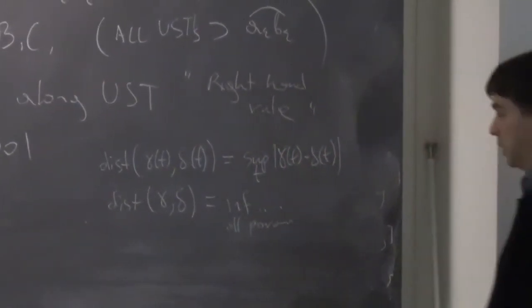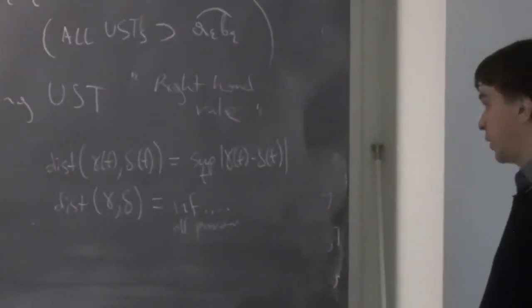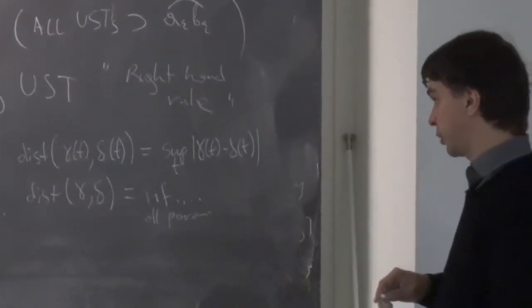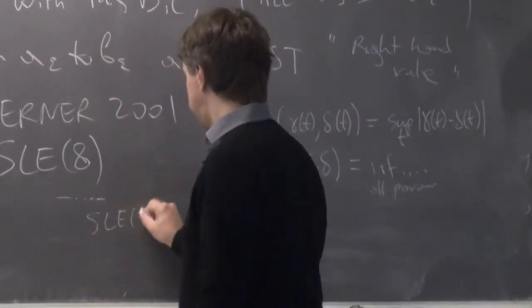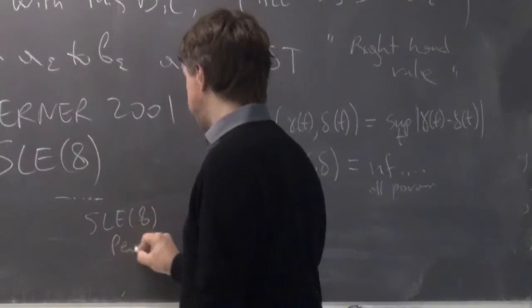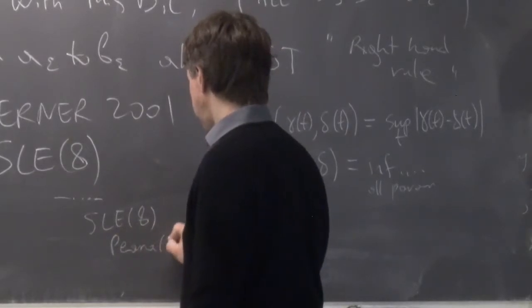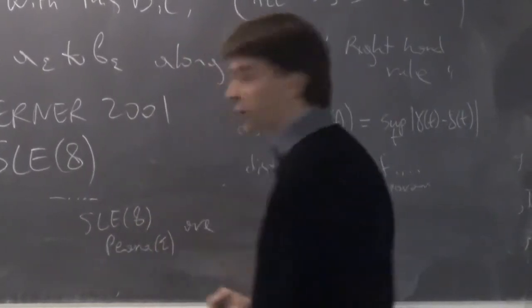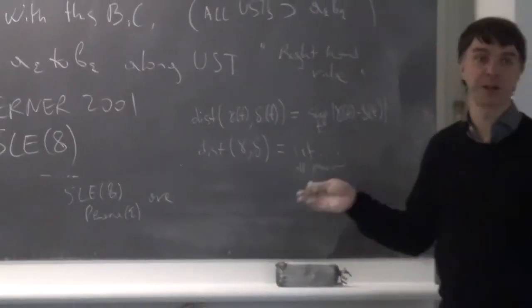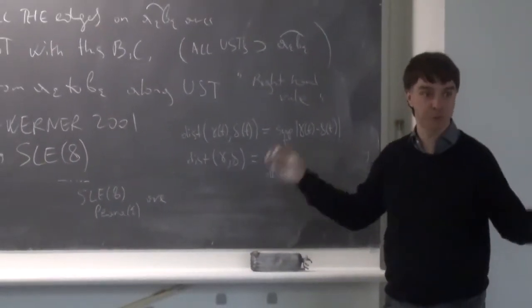Then what I get is that SLE 8 and the Peano curve with epsilon are random curves. So what is a random curve? It's a measure on the space of curves.